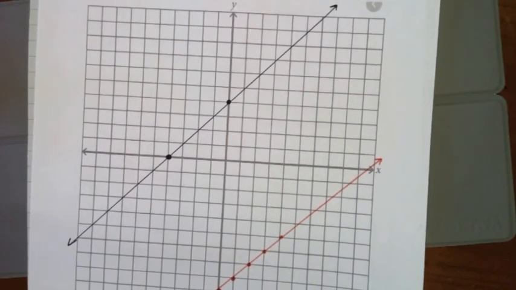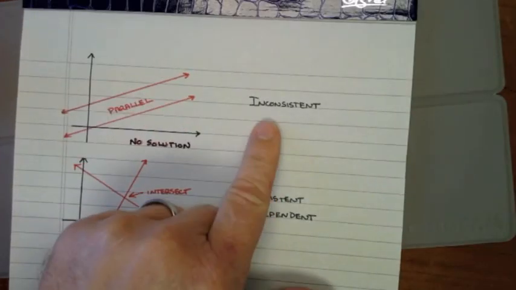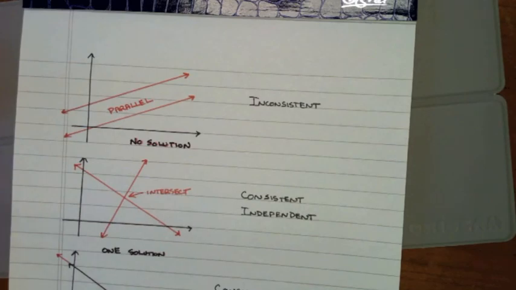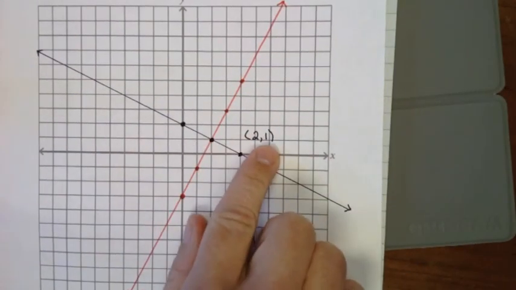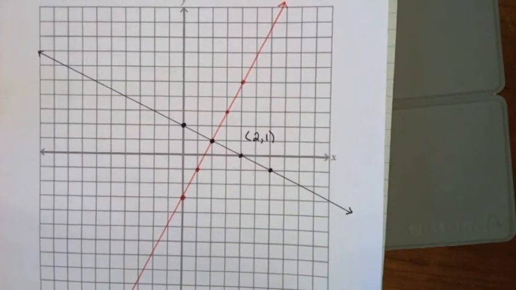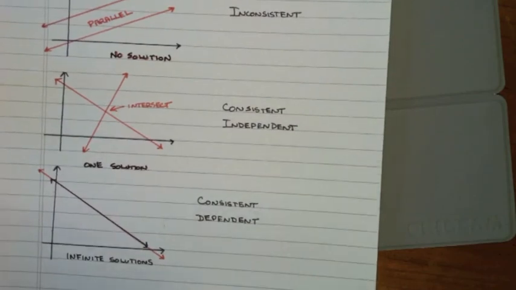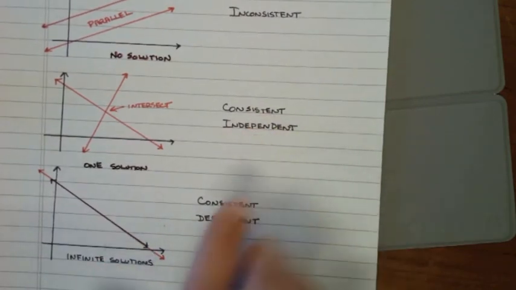What if they're parallel? If they're parallel, it's going to be inconsistent. If you graph those two lines and they intersect at a single point, you've got one answer right there, and that would be the answer for this system of equations. What type of system of equations would it be? Consistent and independent.